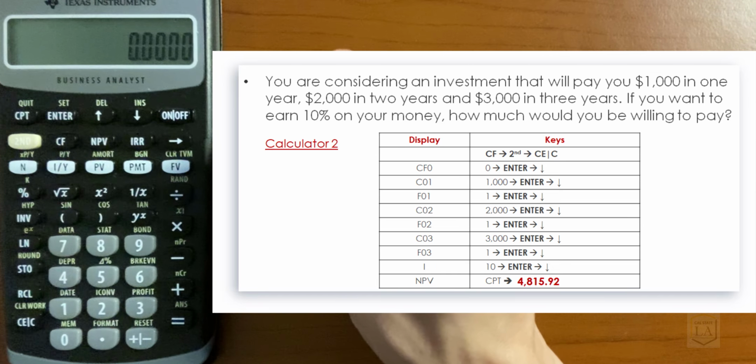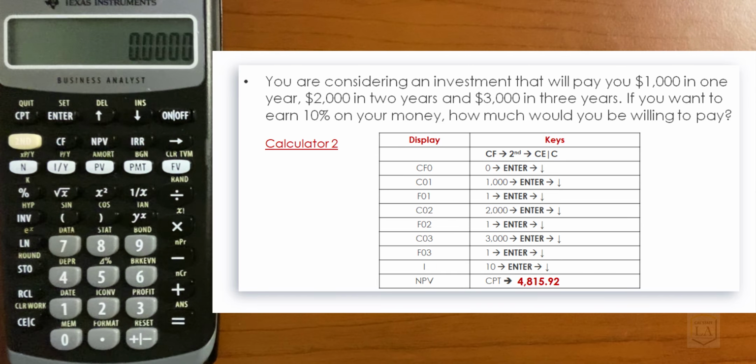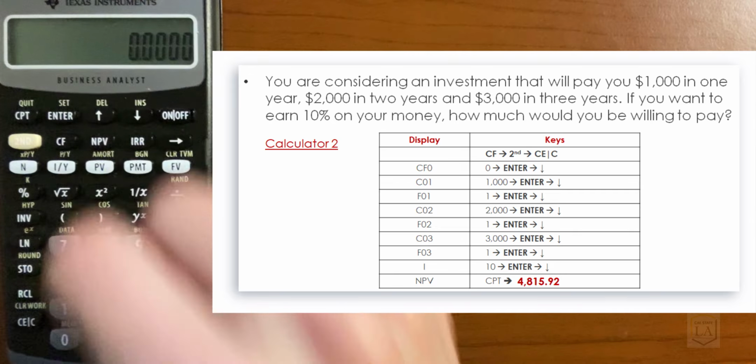All right. So the second exercise says that there is an investment that will pay you $1,000 in 1 year, $2,000 in 2 years, $3,000 in 3 years. So 1,000, 2,000, 3,000. Interest rate was 10%. And how much would you be willing to pay today? Which means that you need to figure the present value of all the cash flow streams.